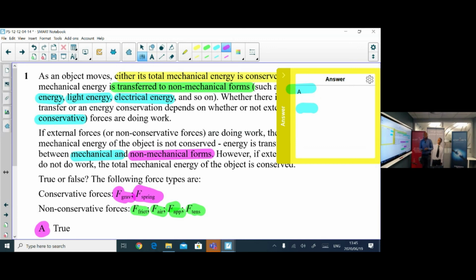And then the spring: don't forget, if you release a spring, it comes back to its original position. That is why I said it's a conservative force. The answer there is A.